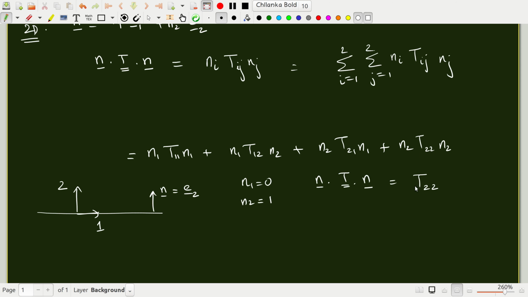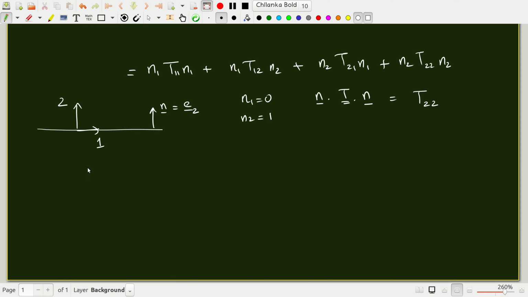Similarly we can find T dot n, which in index notation is ti Tij nj.